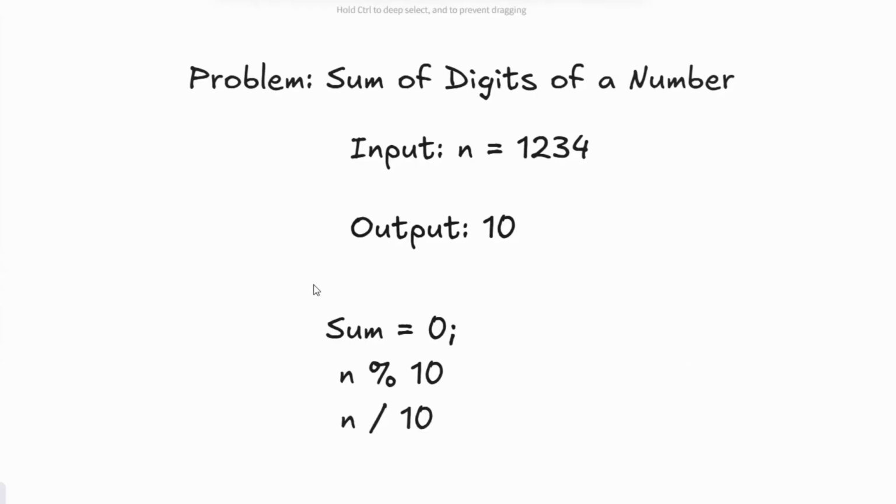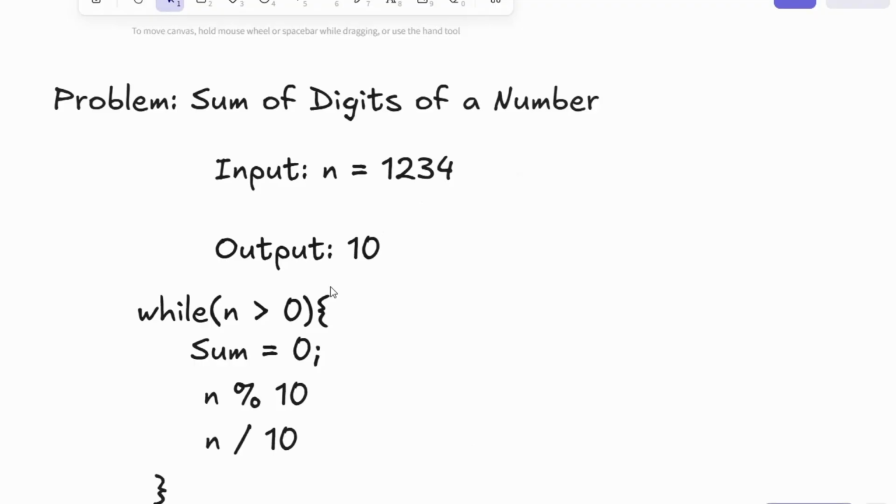This code will run as long as our number is greater than 0. Now let's try to run it. We have created a sum variable as 0. Then n modulo 10.